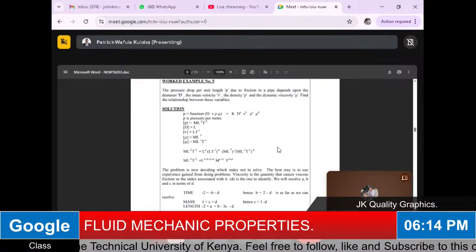P is equal to C outside, into brackets D raised to A, V raised to B, rho raised to C, and mu raised to D. So we have four indices which we have to solve for.